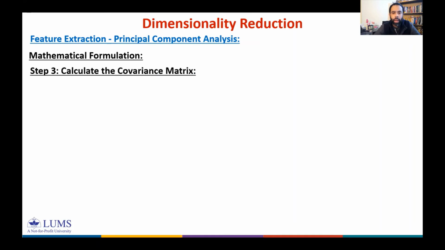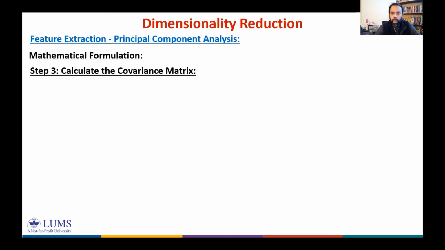Move towards the next step. We have s_i. The next step is we calculate the covariance matrix. Let's talk about what we mean by covariance matrix. The covariance matrix is very related to correlation between two vectors, but there's a slight difference in normalization.